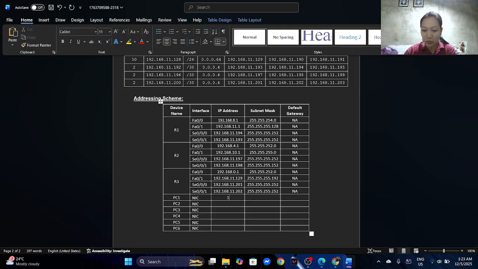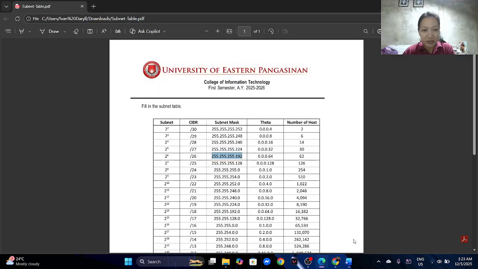And the subnet mask is, host 765 is CIDR /22.